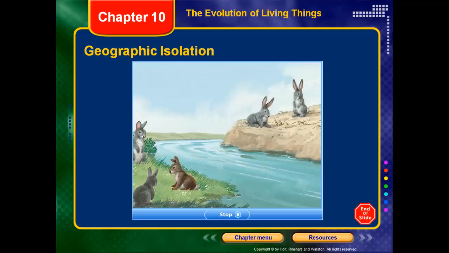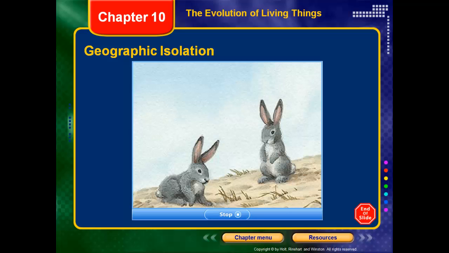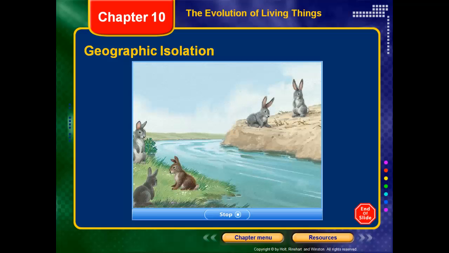When a river dramatically and permanently changes course, however, a small population of gray rabbits is stranded on a newly formed island. Somehow they manage to survive, but over many generations, the descendants of these island rabbits begin to exhibit unique characteristics, such as an increased ability to tolerate drought and slightly larger ears to help them stay cool. Given enough time, the two populations of rabbits may become so different that they can no longer interbreed. If this occurs, they are then considered to be two separate species.